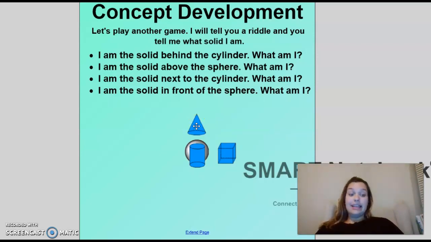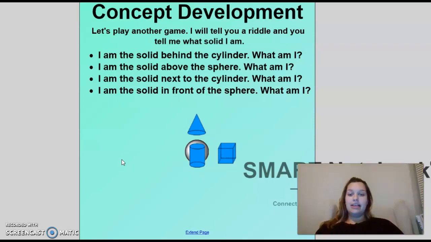I am the solid next to or beside the cylinder. What's next to or beside our cylinder? Is it a cube? Yes. Very good.